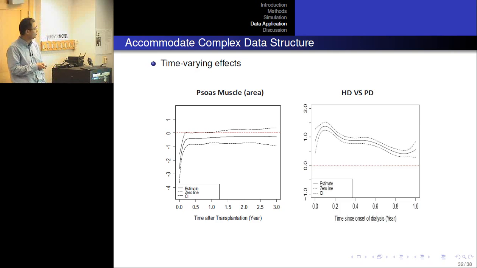If we fit a Cox model, assuming proportional hazards, then this variable is not significant. Maybe it's on the boundary, not very significant. But if we fit a time varying effect model, it's very clear this variable has a very strong protective effect in the early several days. That means patients with strong source muscle have a higher chance to survive the transplant procedure.